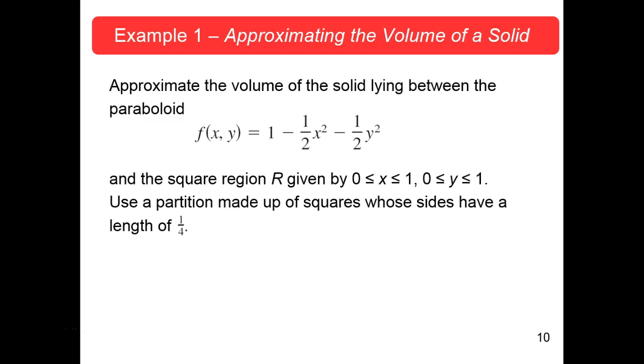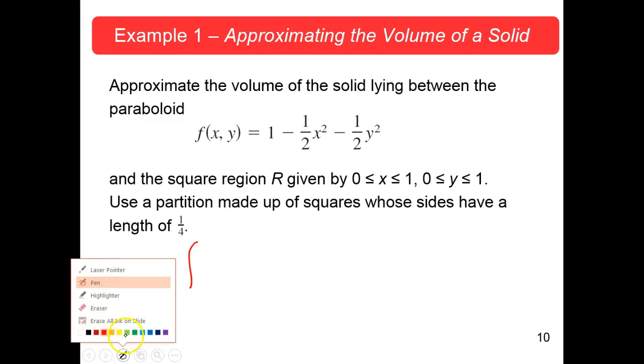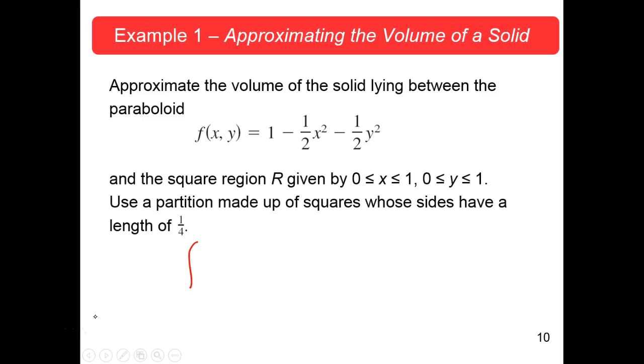I basically want to cut to the chase and not do a Riemann sum. Let me just show you how to do the integration. That's what we're trying to integrate, but you see we're integrating twice, once with respect to x and once with respect to y. So approximate the volume of the solid lying between the paraboloid.